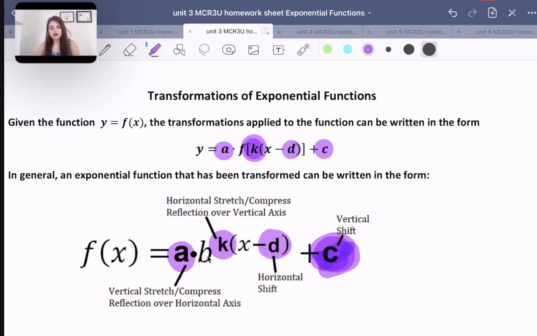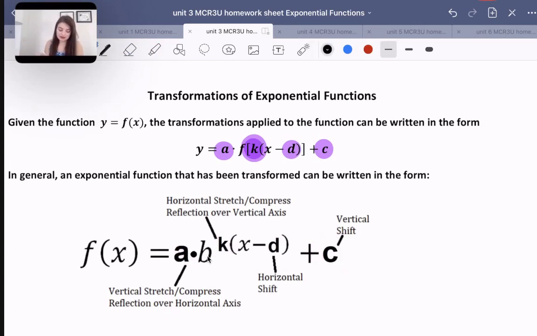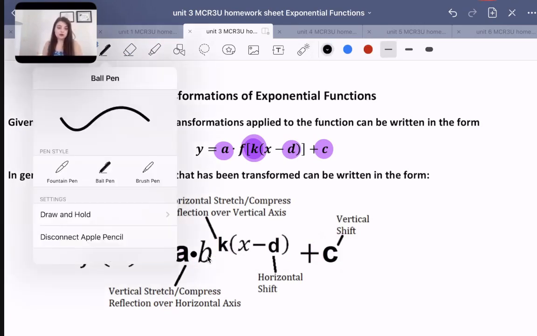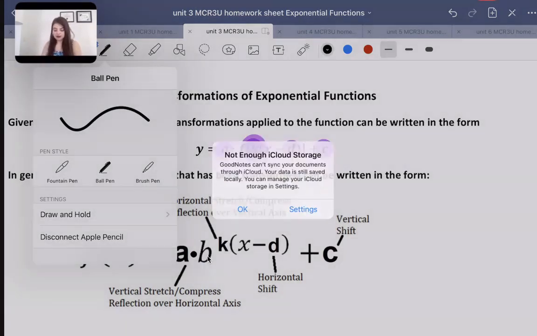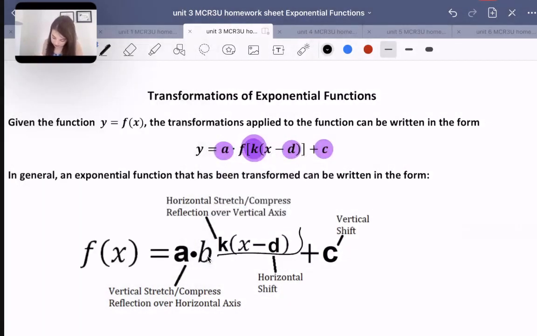Instead of the function being a quadratic, now the function is an exponential. So for something to be inside the function, instead of it having to be in brackets with a square root, or a square, or reciprocal, or absolute value sign, or whatever it is, it now has to just be part of the exponent because it's an exponential function.